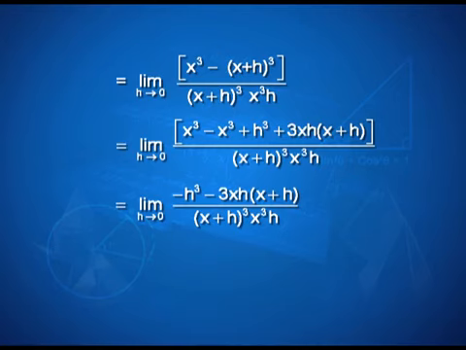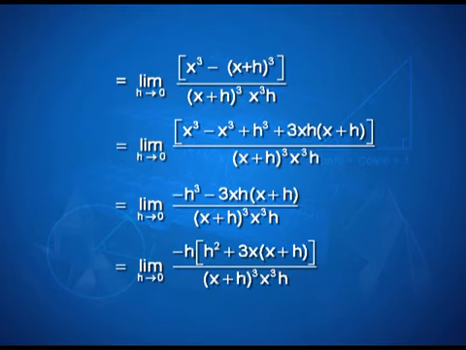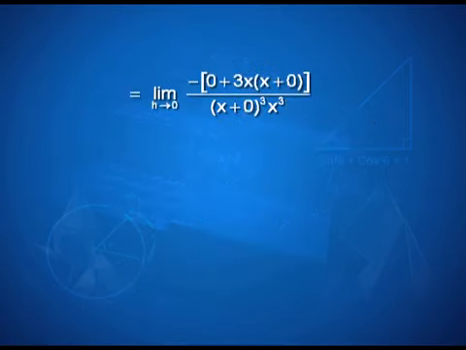That is equal to limit minus h into h square plus 3 x into x plus h upon x plus h whole cube into x cube into h. We have taken h common here and you can see h gets cancelled from numerator and denominator, and we can solve this as limit minus of 0 plus 3 x into x plus 0 upon x plus 0 whole cube into x cube as h tends to 0.